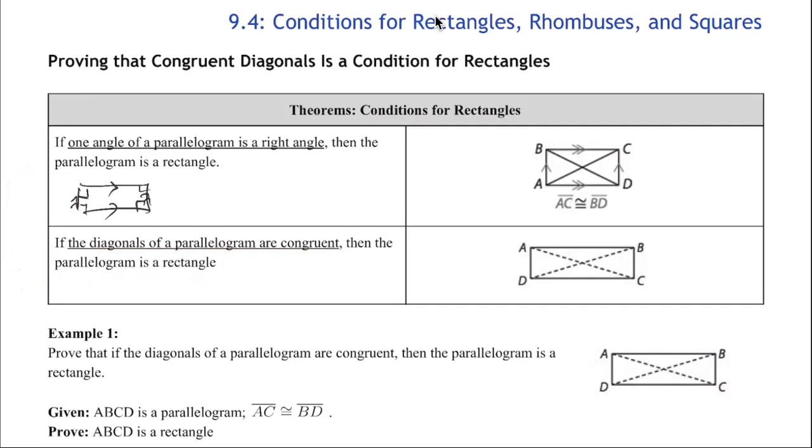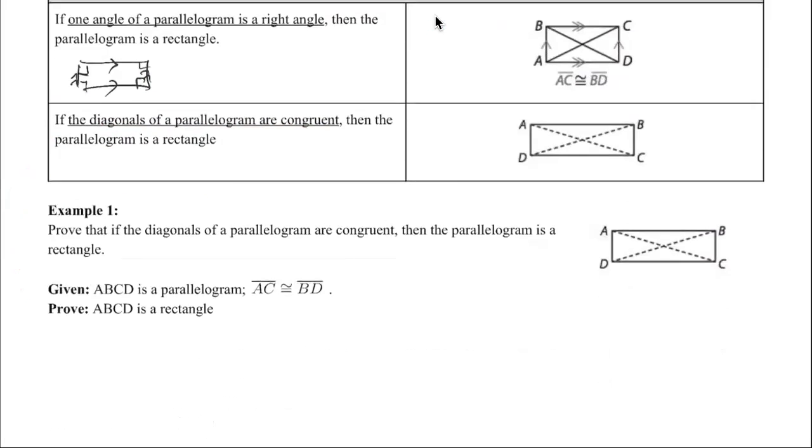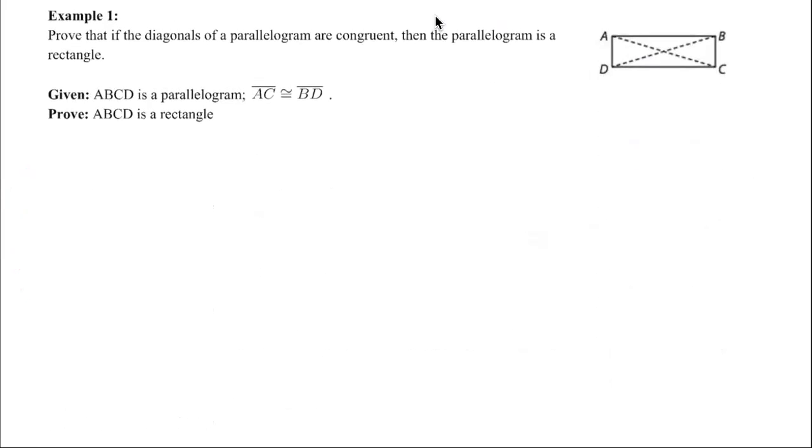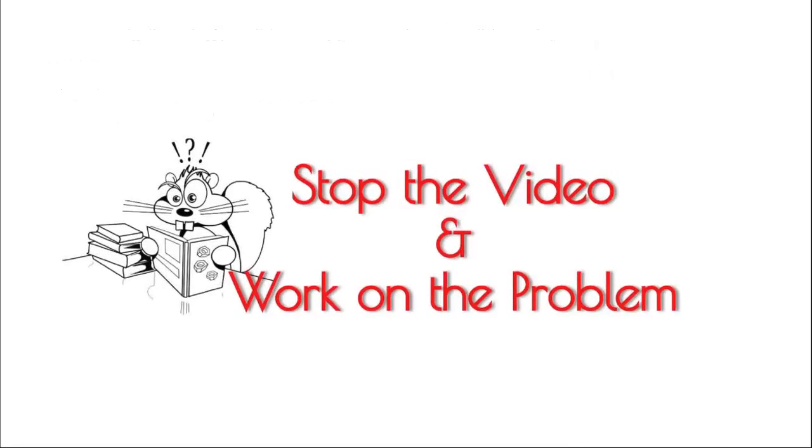Why don't you pause the video and start working on this particular one, guys? You could do it either as a two-column proof or as a paragraph proof. I think I'll be showing this to you as a paragraph proof. Okay, here we go. Stop the video and work on the problem, please.